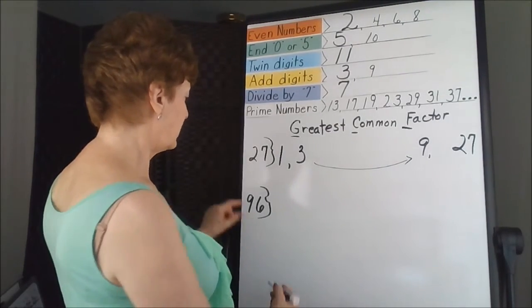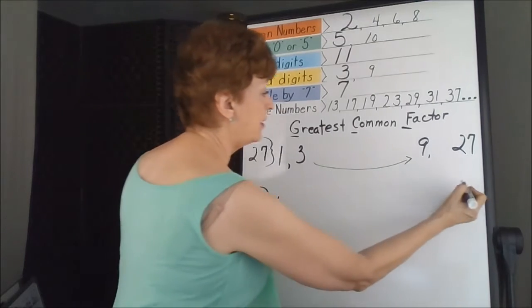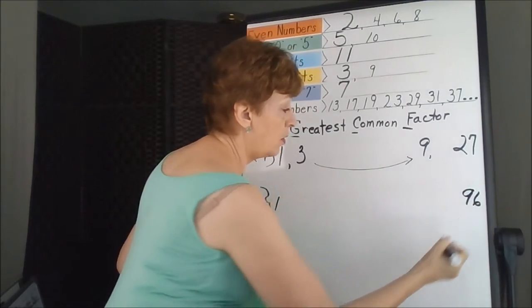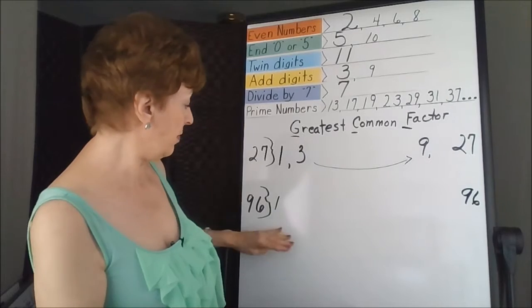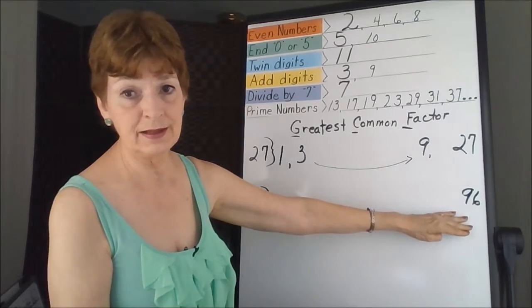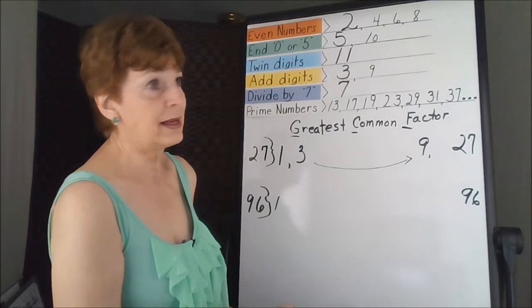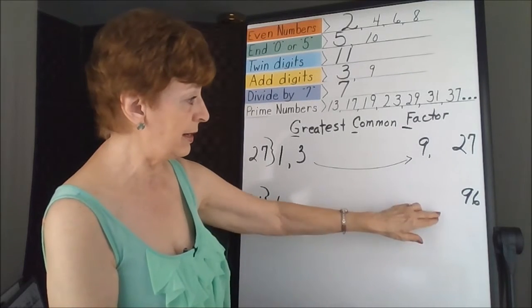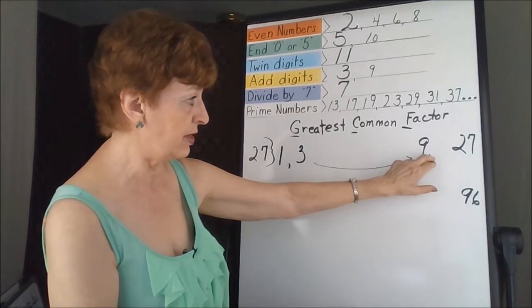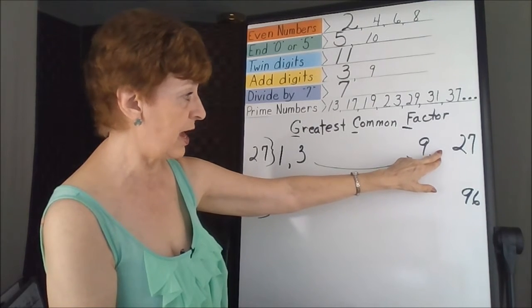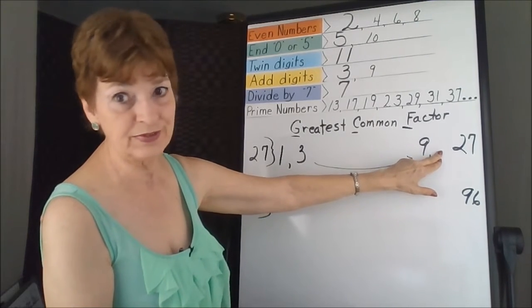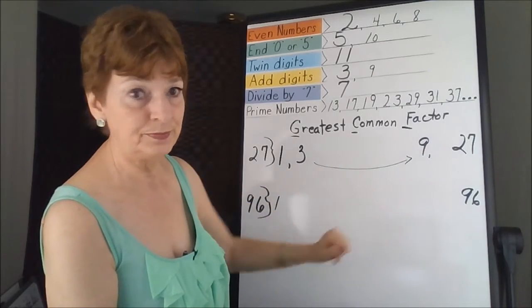Okay, 96. We're going to start out with our 1 and a 96. So all the factors that we're going to have are between 1 and 96. That seems so intimidating, but we're going to eliminate a lot of numbers just like we did with this, where we wouldn't have to check 10, 11, 12, 13, 14, 15, 16, all the way up to 27.